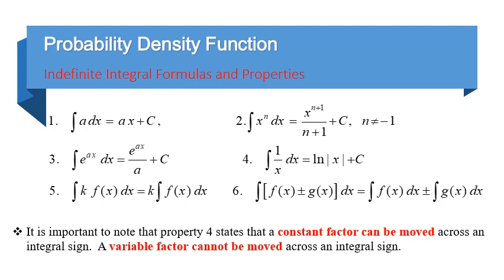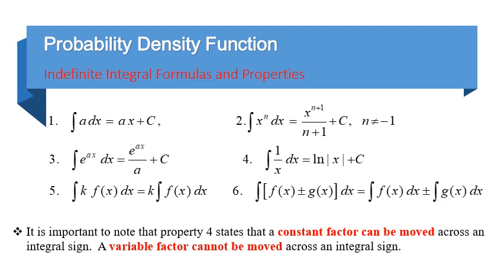The first rule, as you see, if you are integrating a constant like 5, your integration will be 5x plus c. If you integrate x with a power like n, increase the power by 1, so it will be x to the power n plus 1, and divide by the new power, plus c.